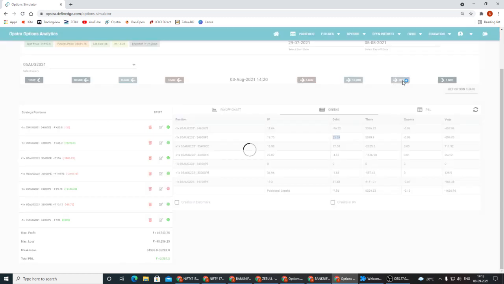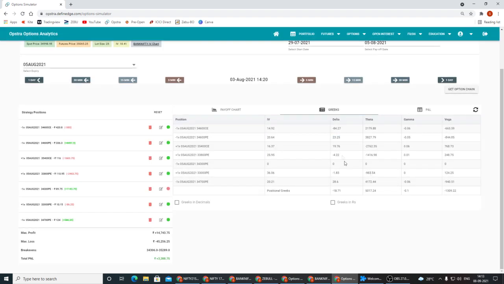Okay, we will move further. Okay, the call delta 84, put delta 23.28. That means 50. So what we can do now, we will move 34,700 to the upper side.